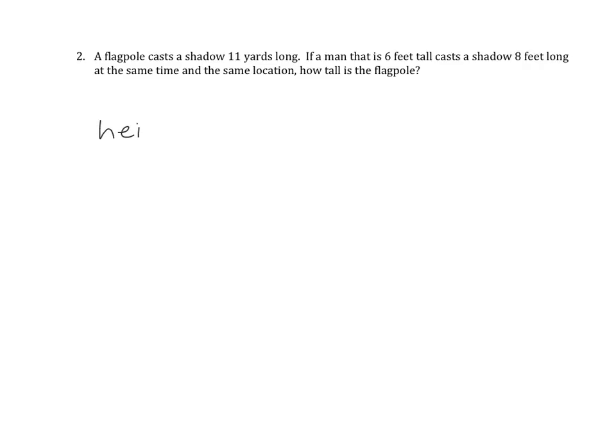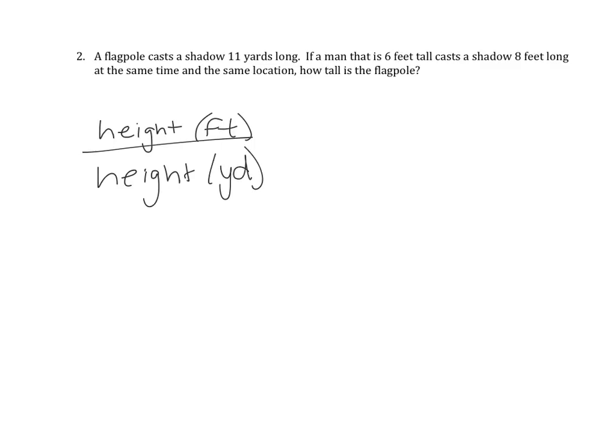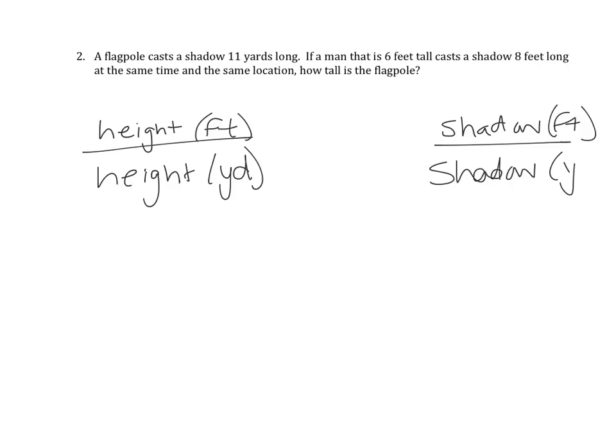I'm going to talk about the height of the man in feet over the height of the flagpole in yards. Then the other side of the proportion would be the shadow. Since the top is the height of the man, the top here is going to be the shadow of the man, that's in feet, and over here is going to be the shadow of the flagpole, that's in yards. Then we would fill in the numbers here.